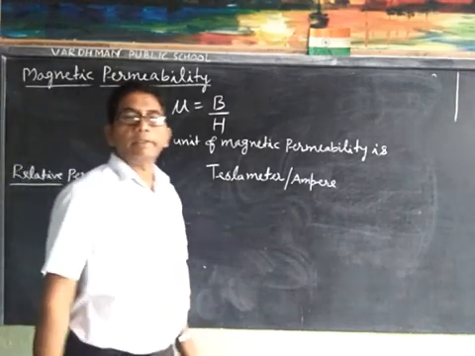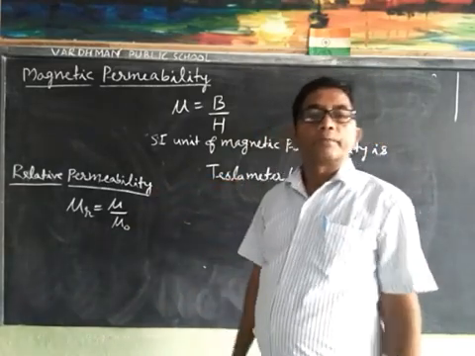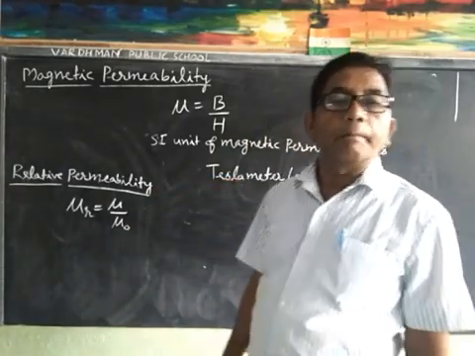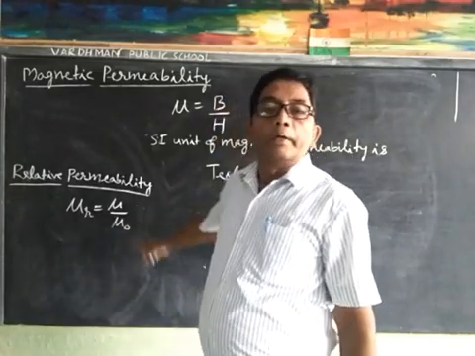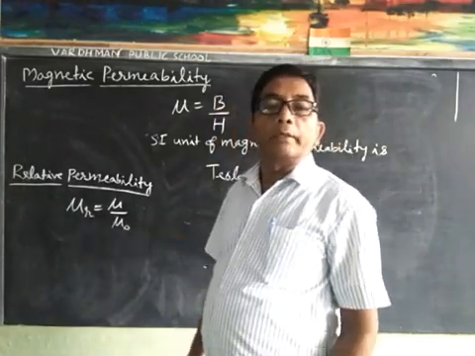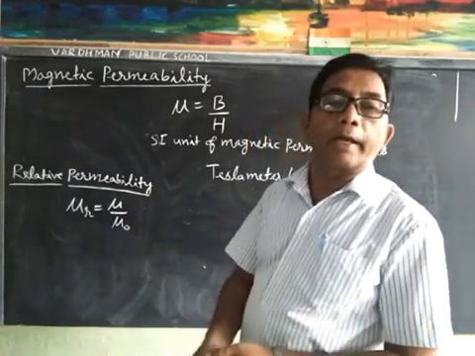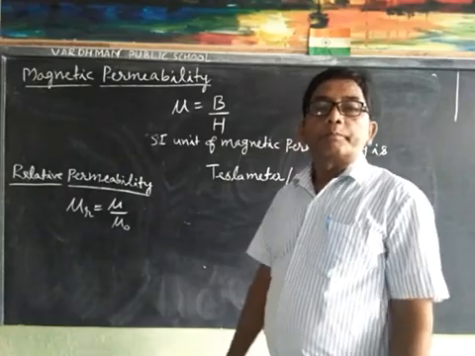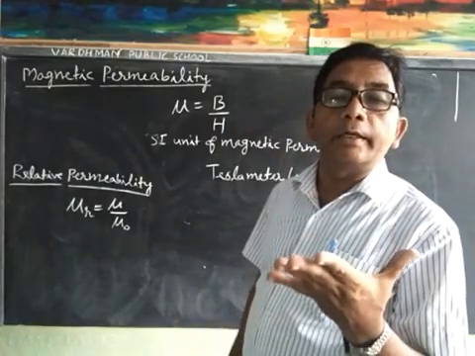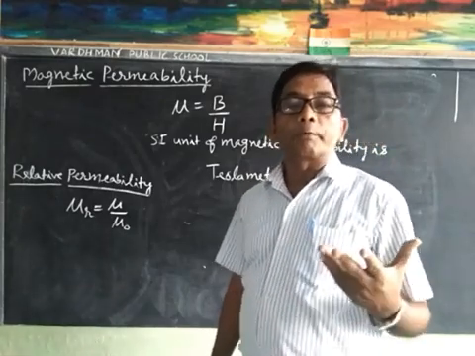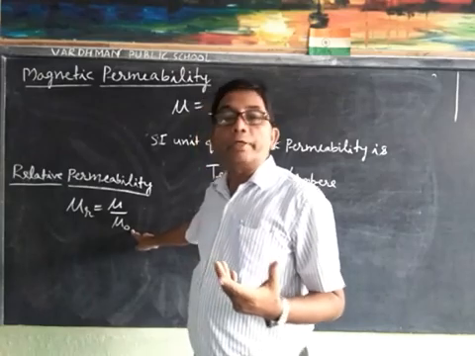Relative permeability of a magnetic substance is defined as the ratio of the permeability of the magnetic substance to the permeability in free space.